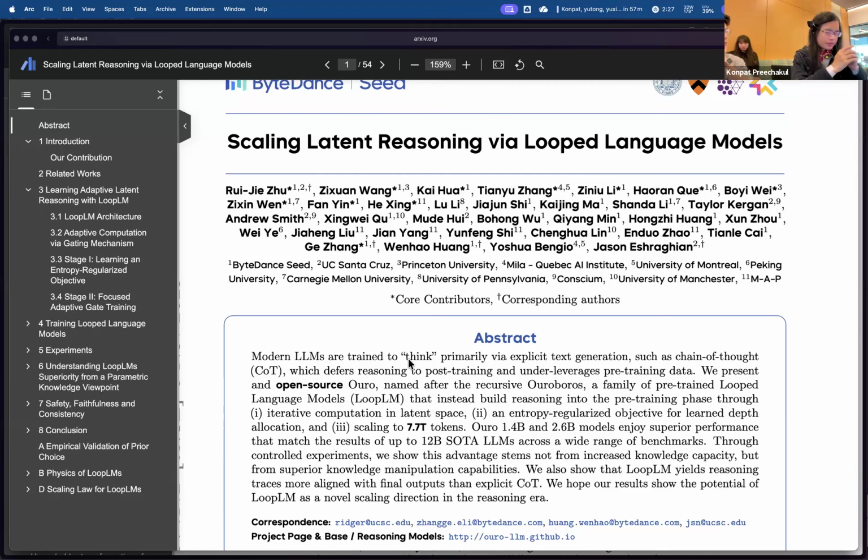We can answer that first in the most theoretical way, which is that anything you can do with a chain of thought is theoretically possible to do in a loop, because you just do the chain of thought inside the loop and then output the final answer without showing the intermediate steps as output. So in theory, looped transformers have at least as much computational power as chain of thought. That's pretty obvious.